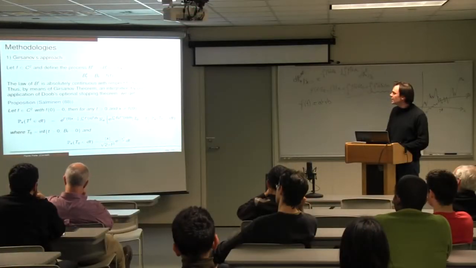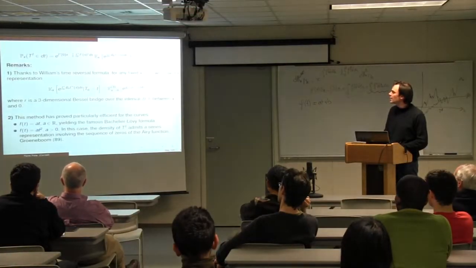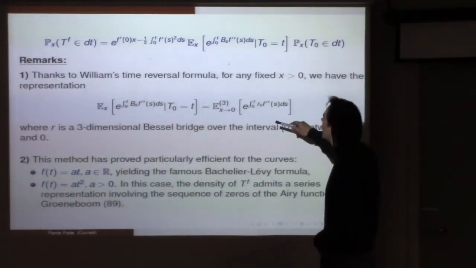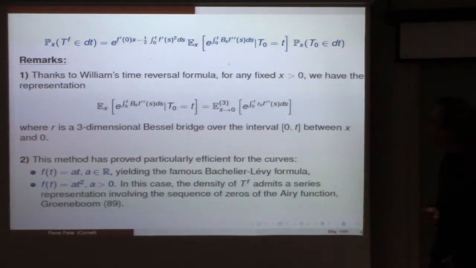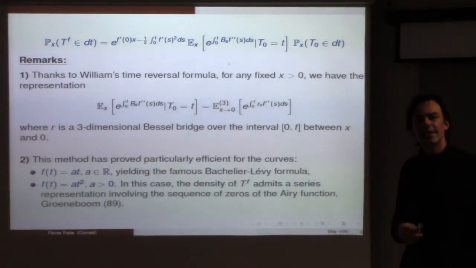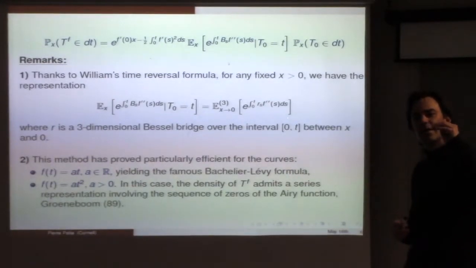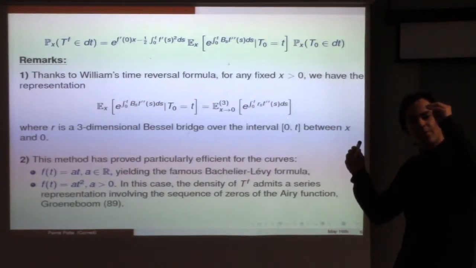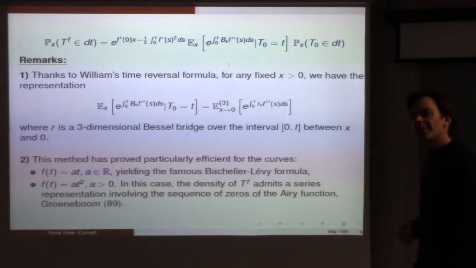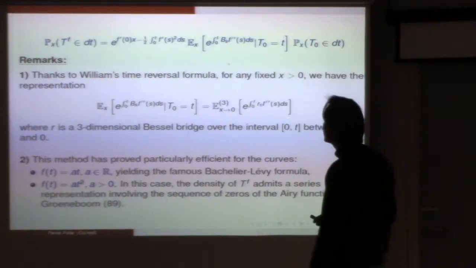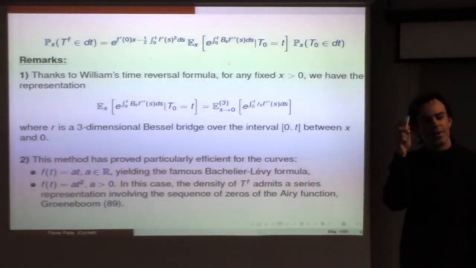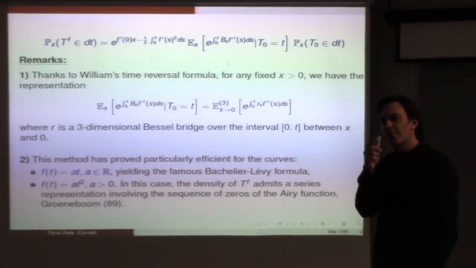I just mention two remarks. We have the expression up there. Then what you can do is to use Williams' time reversal formula, which states that if you reverse the trajectory of a Brownian motion starting from a positive level up to the hitting time of 0, this corresponds to the trajectory of a three-dimensional Bessel process killed at the last exit time of the level x, the transient process.